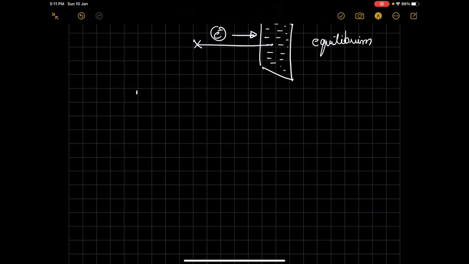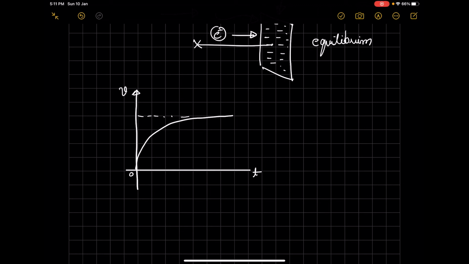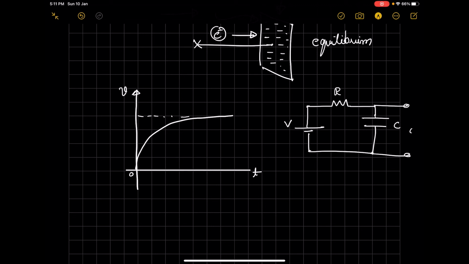Let's look at a familiar graph. I think most of you would have seen this graph. This is a capacitor charging graph, voltage versus time, and if you have a DC voltage source trying to charge a capacitor, initially the voltage on the capacitor will be 0, and that is depicted in the graph here.